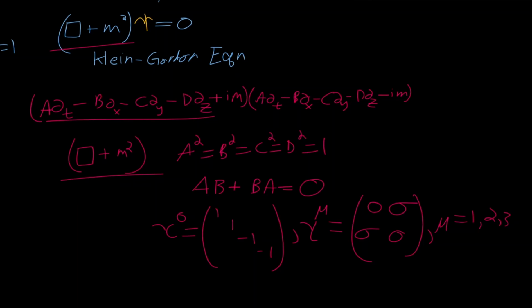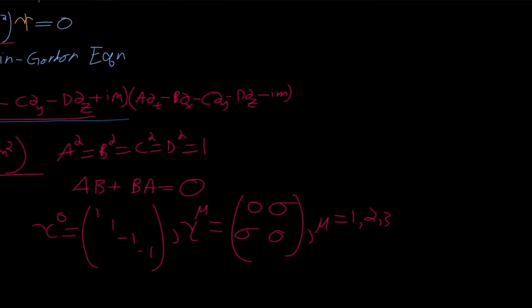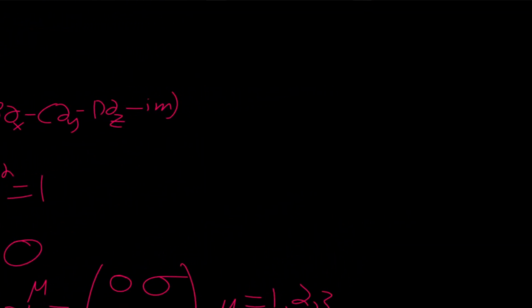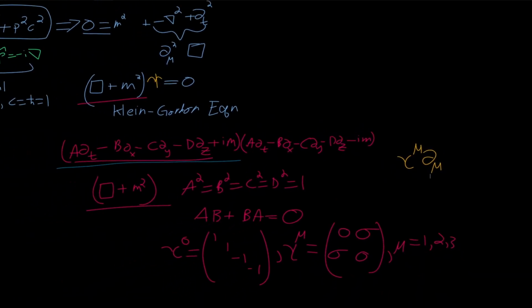We have our equation. So let's just take this first equation right here and implement it. What all this becomes is the muth gamma matrix times the 4-gradient. This is just using the Einstein summation convention.